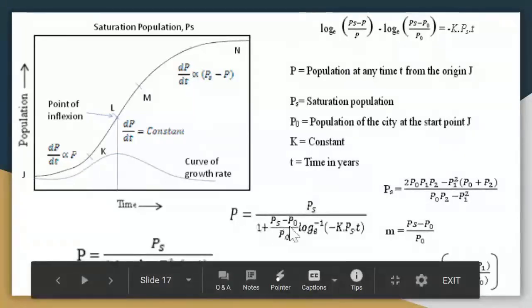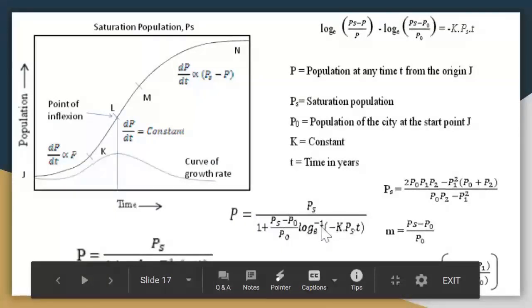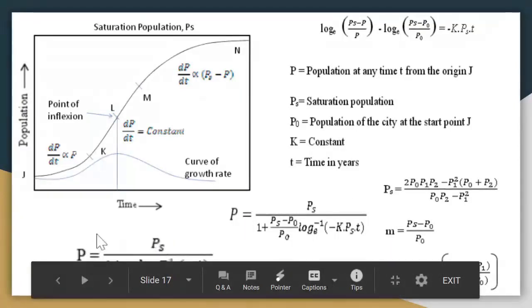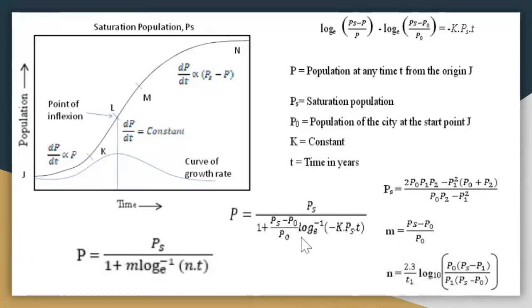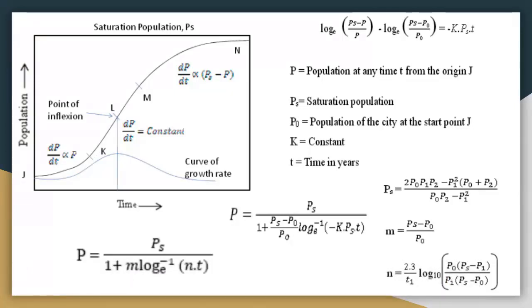Here P is equal to Ps divided by 1 plus (Ps minus P0) by P0 log to the base e inverse of minus K into Ps into T. We are going to simplify this equation by giving some small constants in this equation, that is m is equal to (Ps minus P0) by P0 and n is equal to 2.3 divided by T1 log to the base 10 of P0 into (Ps minus P1) divided by P1 into (Ps minus P0).